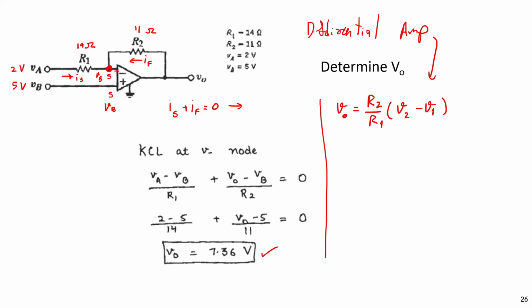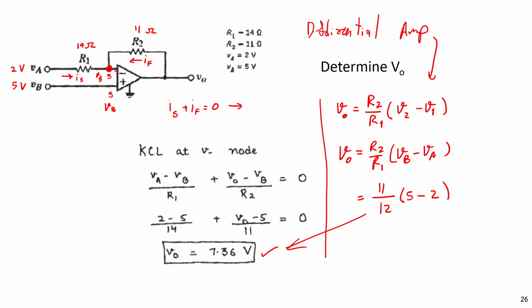In this case, VB minus VA. R2 by R1 into VB minus VA, right? By using the formula, so equal to how much? 11 by 14 into 5 minus 2, right? So we should get the same answer. No?